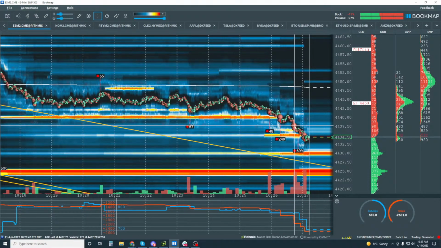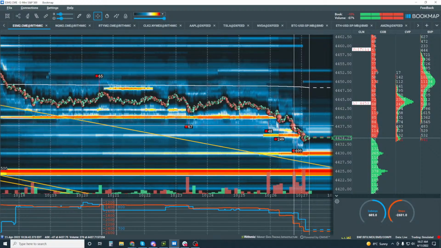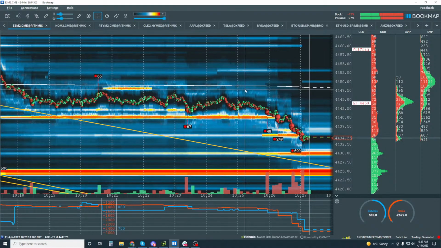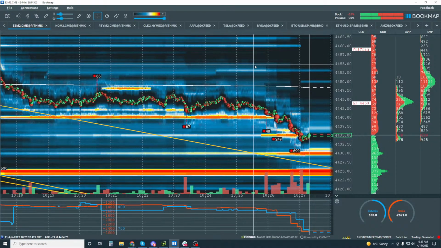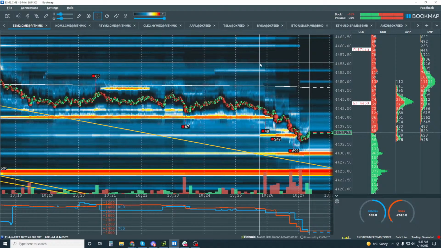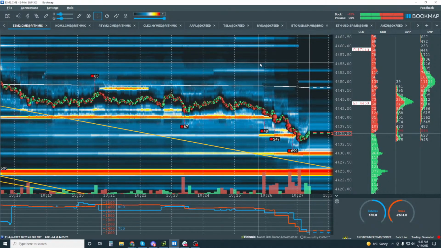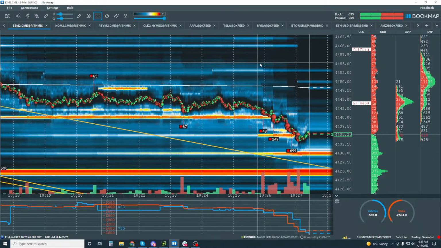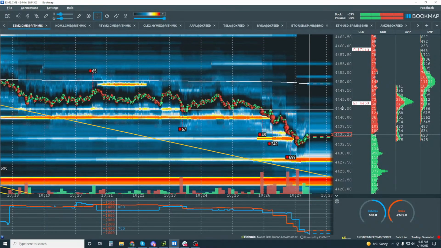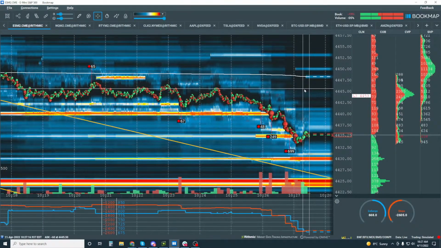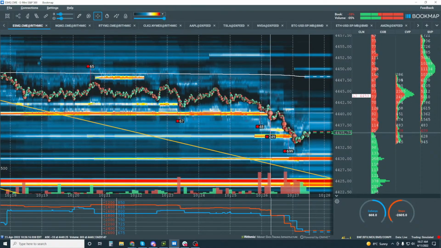Pullbacks, first pullback. What do you guys think? And why and where? Techie Girl, this could be your low volume pullback. And Alec as well.